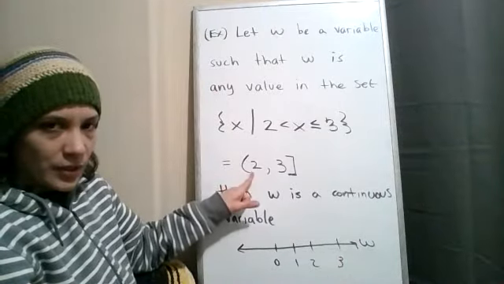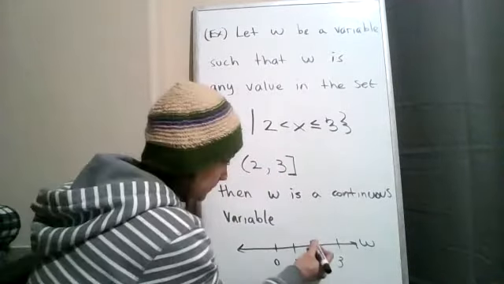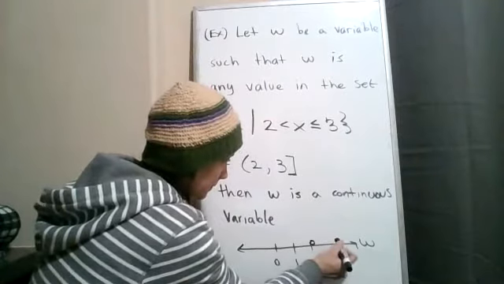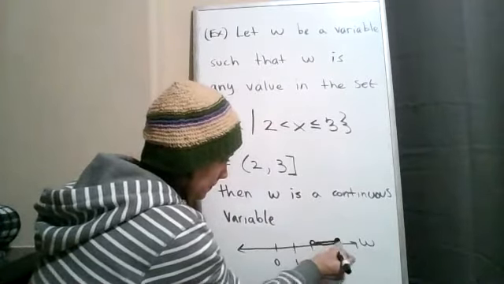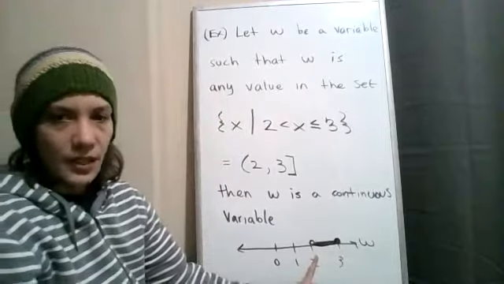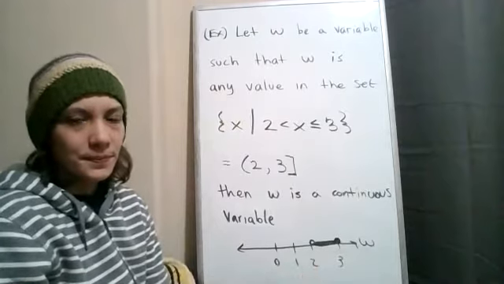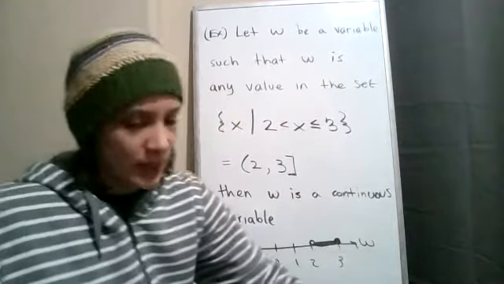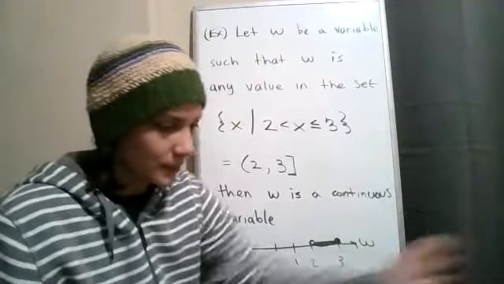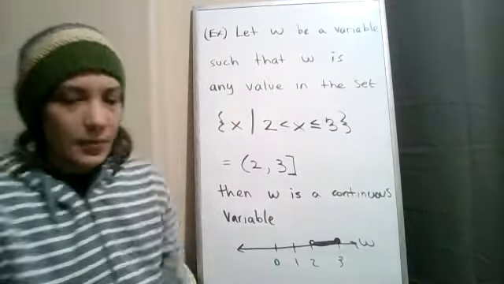So an open circle on 2, closed circle on 3, and all the values in between. So this interval is where you have values of w. Okay, so I think we can move on to something different. We've got a few definitions and then a few more examples.